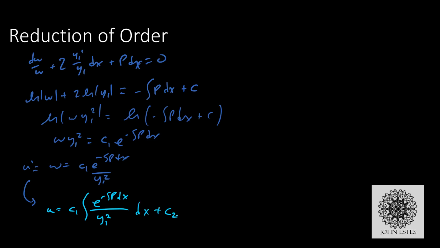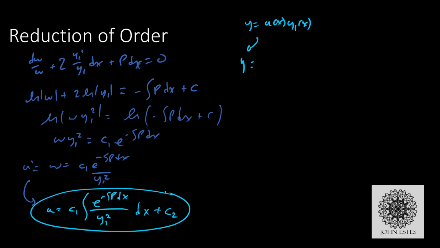Okay. Now remember that my y is u of x times y1 of x, right? So then I can say y is all of this times y1. And here I'm free to make a little bit of a choice because I want to have solutions that are linearly independent.